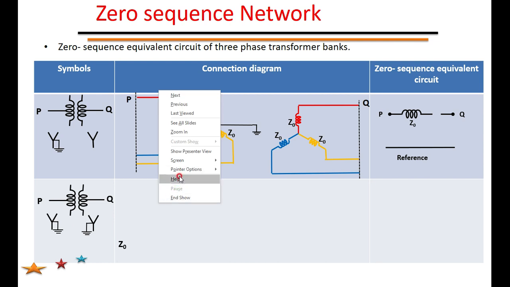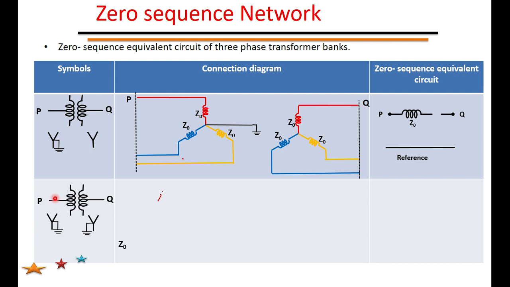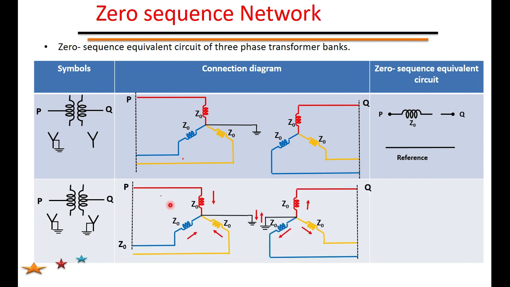Both secondary and primary are grounded here. It is star connected, and the secondary is also star connected. Therefore, what I am doing here is drawing the connection diagram, with both the primary and secondary star connected and grounded.